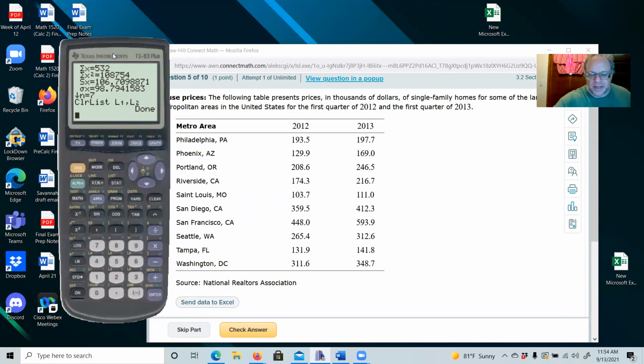So we need stat, edit, and we're just going to use list one here. I'm just going to move back to list one, and we're just going to type this in: 193.5, 129, 9, 208.6, 174.3, 103.7, 359.5, 448, 265.4, 131.9, 311.6.